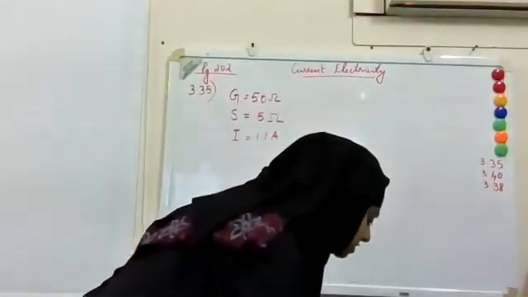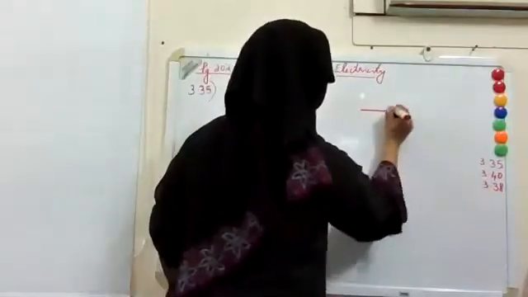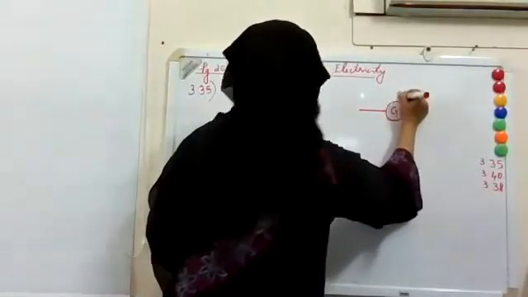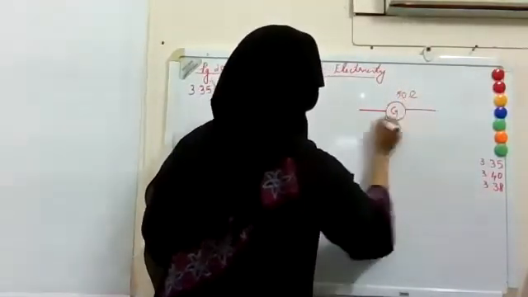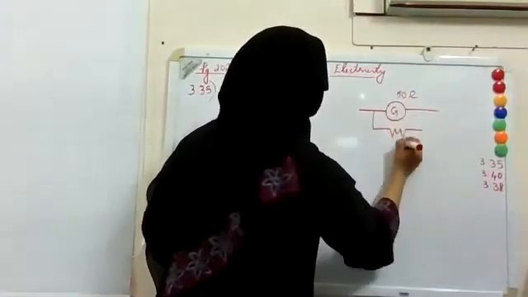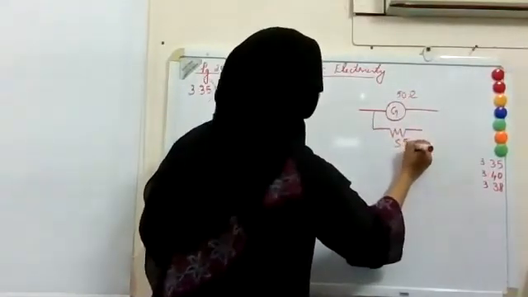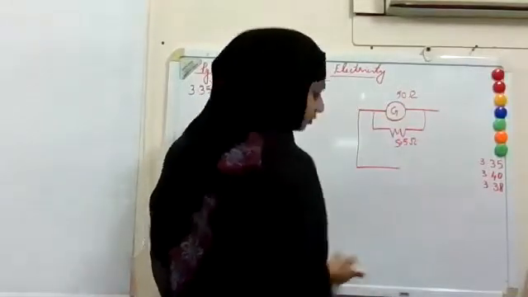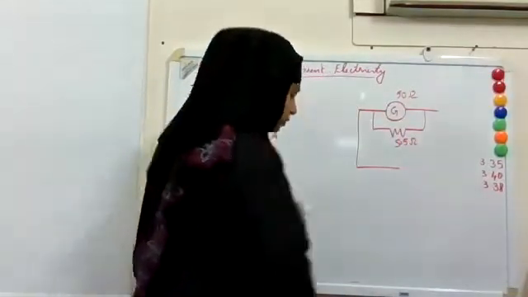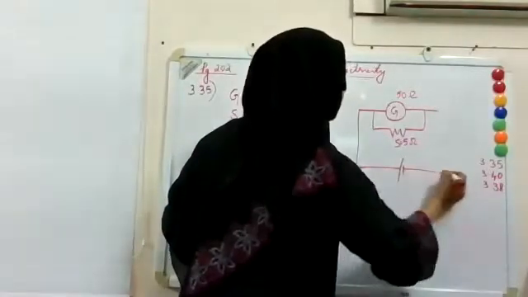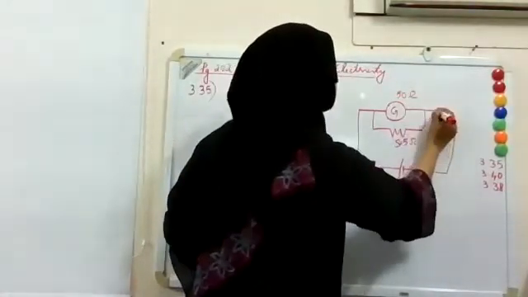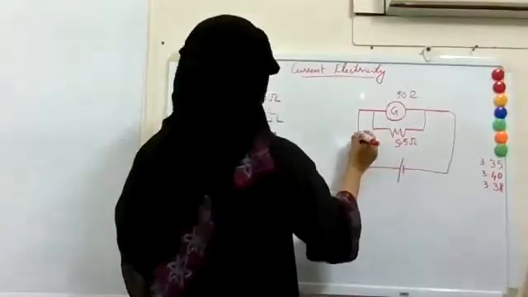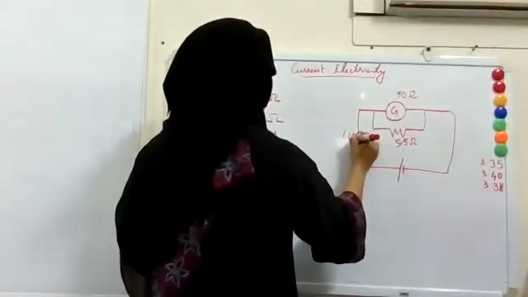So this is the circuit, right? You have a galvanometer G with 50 ohms, and then there is a shunt S having 5 ohms, and it is connected to an external circuit. There will be a cell, and there is a main current of 1.1 ampere.